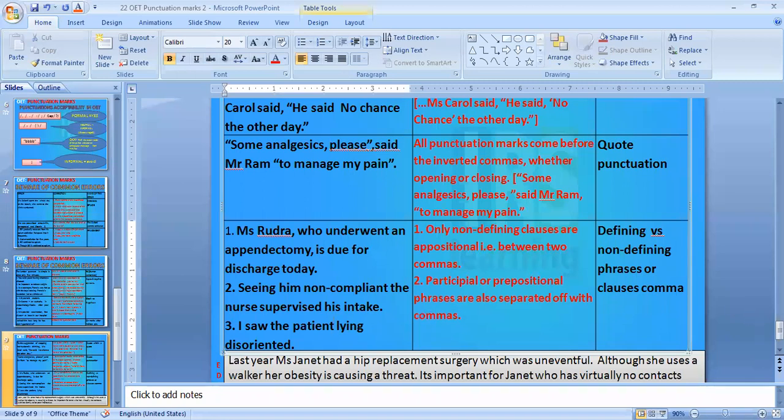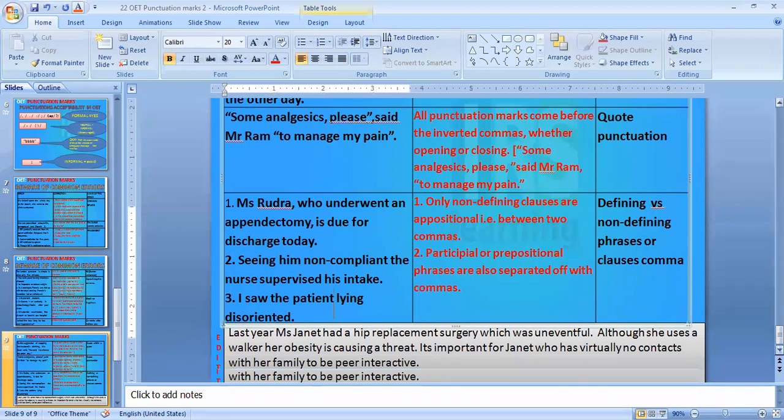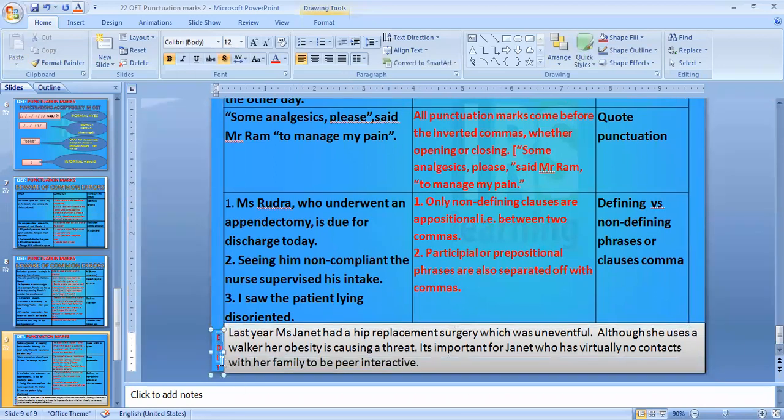Number 3. Now the last test is here. See, it's written in small letters, edit. This writing needs editing. Last year, Miss Janet had a hip replacement surgery which was uneventful. Although she uses a walker, her obesity is causing a threat.